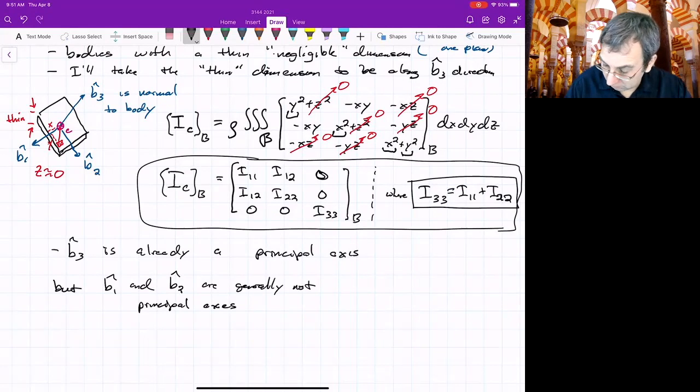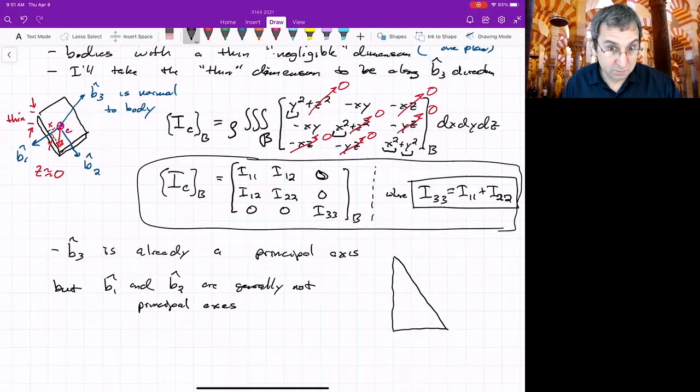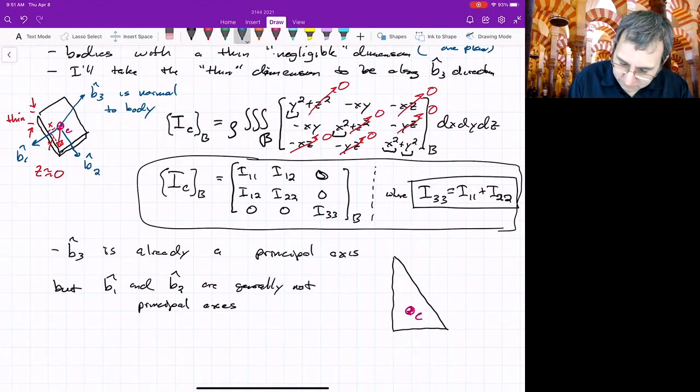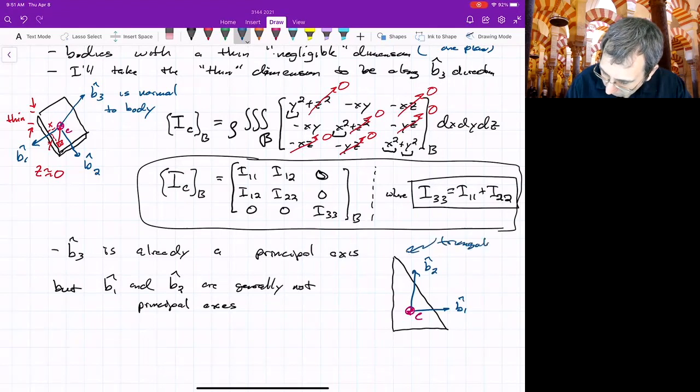So for example, if I had a right triangle, I could find its center of mass. I don't know, maybe it's somewhere around here. And then if I did my integrals of what I_C^B is, these B directions, this is just in the plane, B1 and B2, for a triangular plate, you're going to get a non-zero I12.